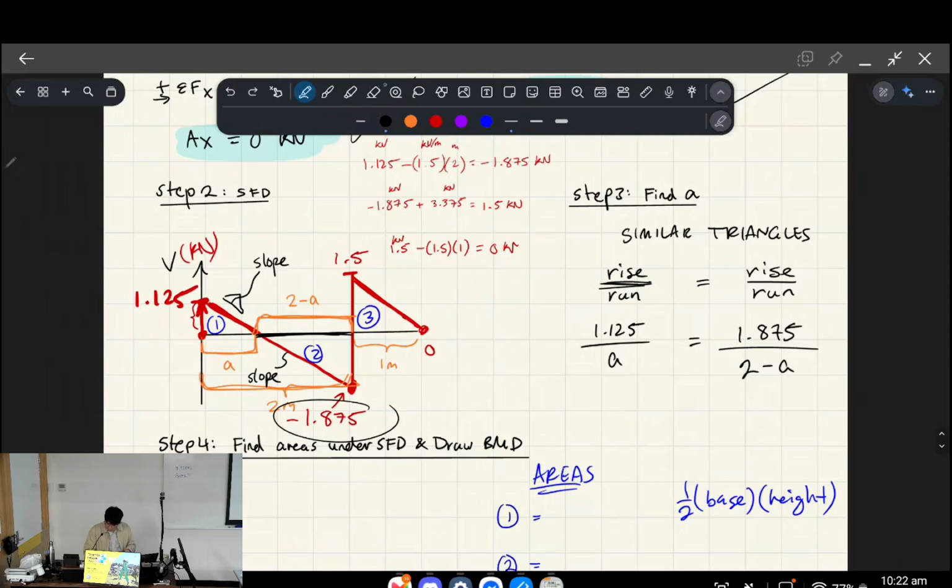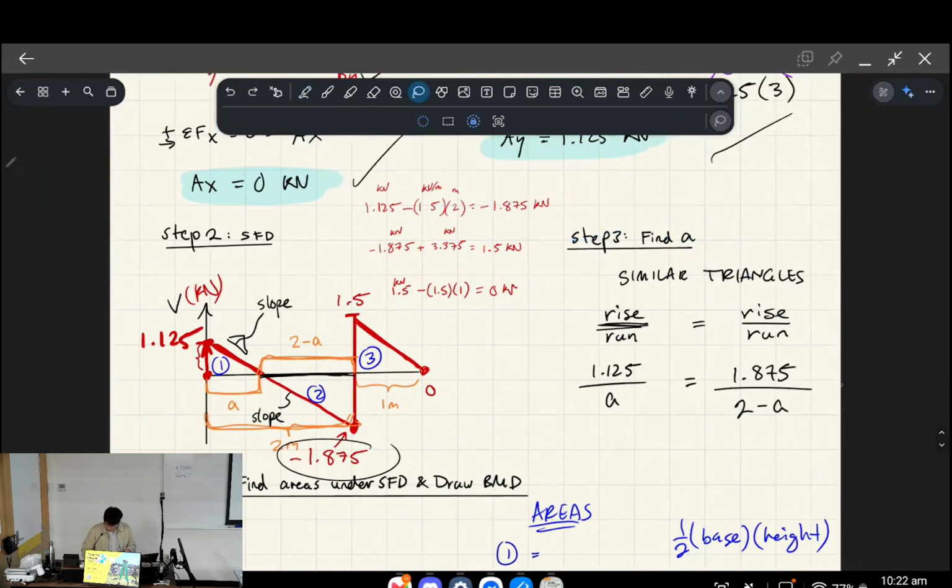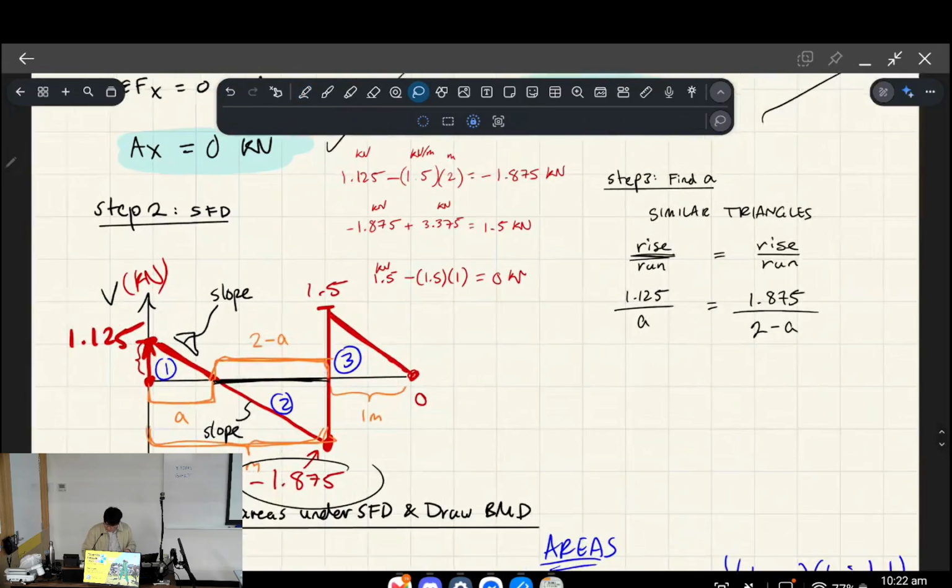If I give myself more room to do the working out, what we can do is cross multiply. If we multiply that onto that side and that onto that side, we will get this.